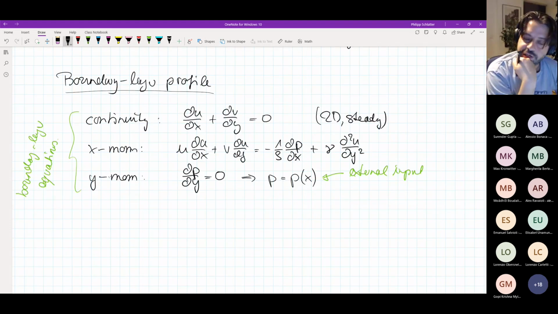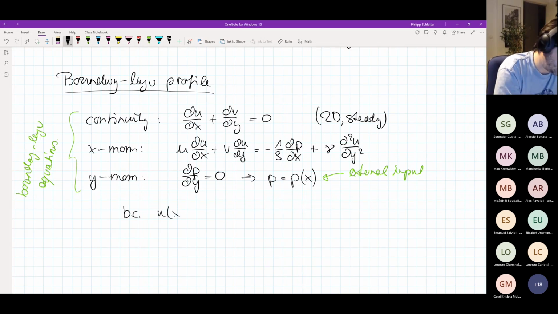So these are partial differential equations, so that means we have some boundary conditions as well. And of course, the boundary conditions are the no-slip boundary conditions. So U at the wall and V at the wall need to be 0.